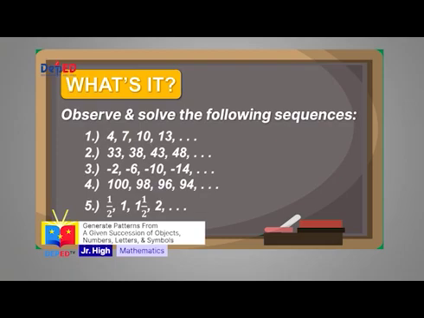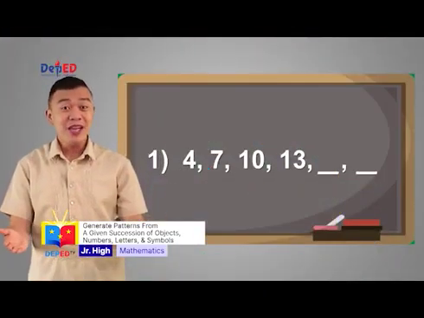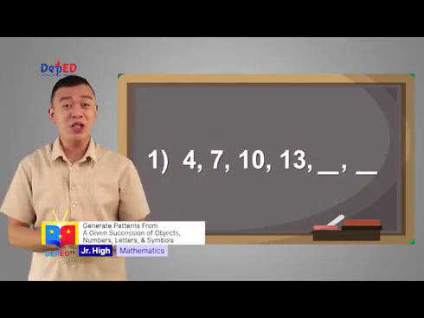Item number 4: 100, 98, 96, 94, and so on. Item number 5: 1/2, 1, 1 and 1/2, 2, and so on. Can you give the next two terms of the following sequences?